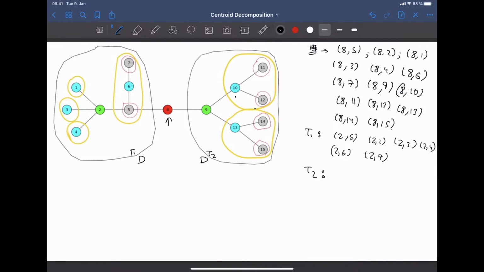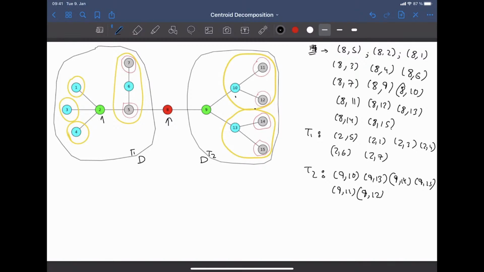For T2, we will process 9 comma 10, 9 comma 13, 9 comma 14, 9 comma 15, 9 comma 11, 9 comma 12. Okay, so we processed six paths each in T1 and T2.